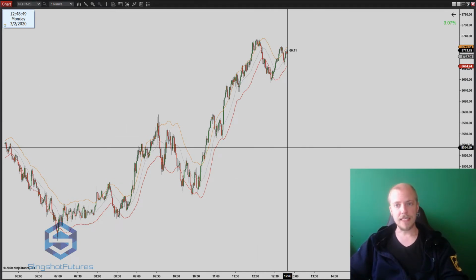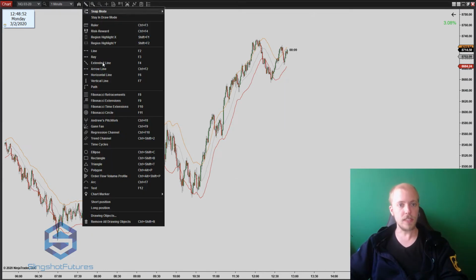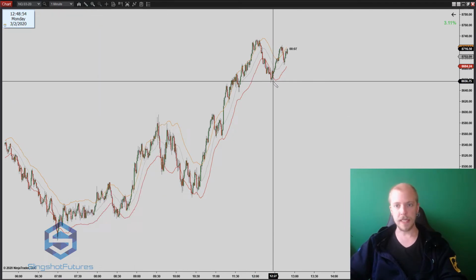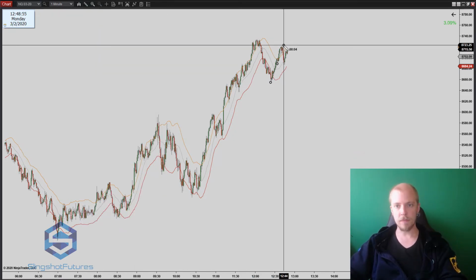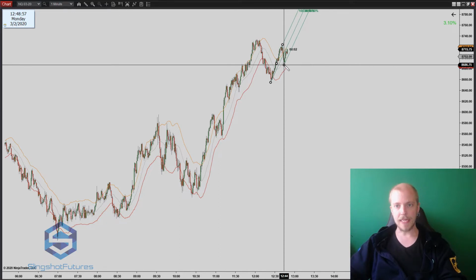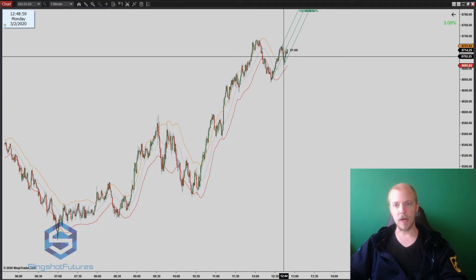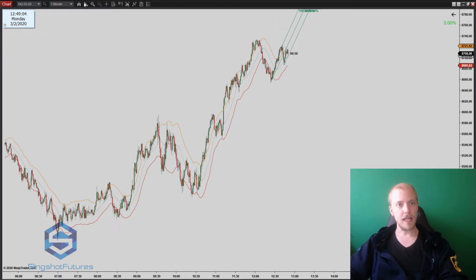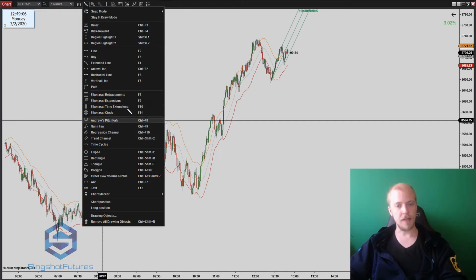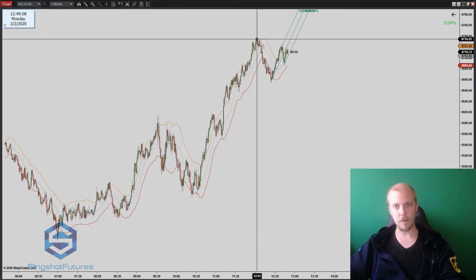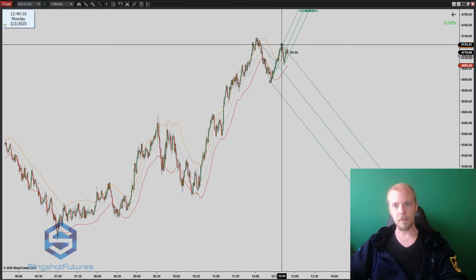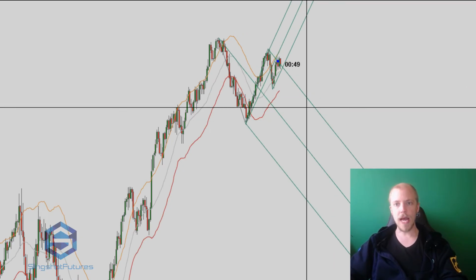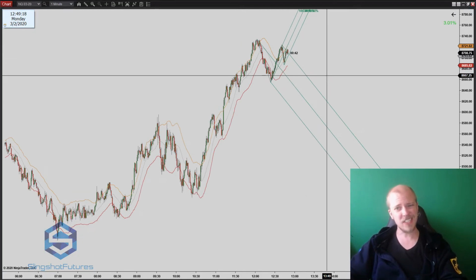So what we can do is utilize it in two different ways. We can look to see who is actually controlling the market. If I wanted to draw from bottom to top and then drag it down, I can see that the market is staying inside of the bounds of this bullishness. But I can also see that if I draw it on the downswing, from top to bottom and then project out, the market's trying to break out of the bearishness, but it hasn't really done so yet, kind of, sort of.